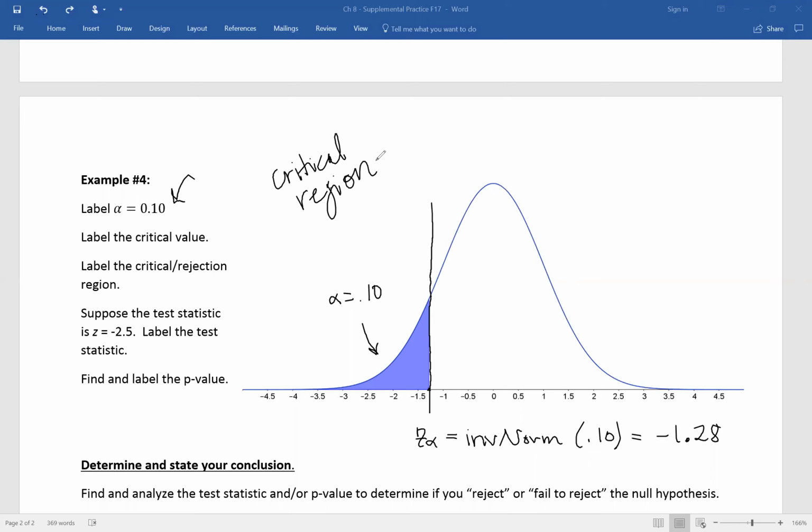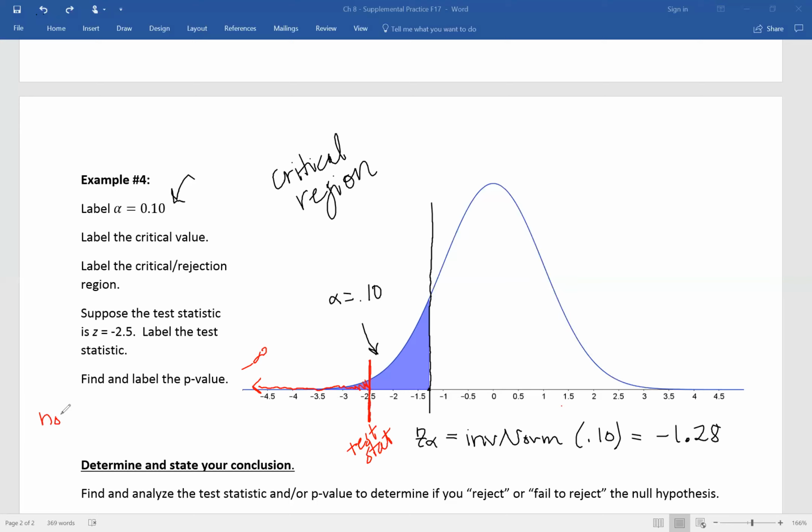Suppose the test statistic is negative 2.5. That's this value right here. This is our test statistic. And the p-value is this very, very small red area headed back towards negative infinity.